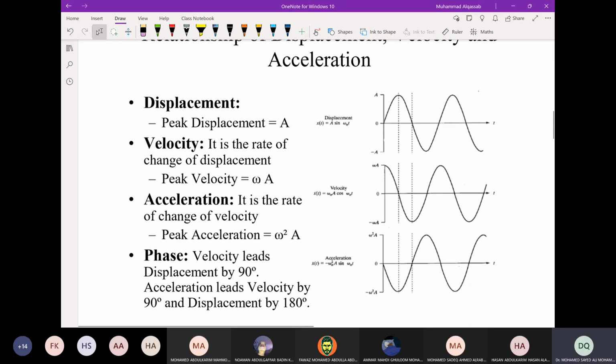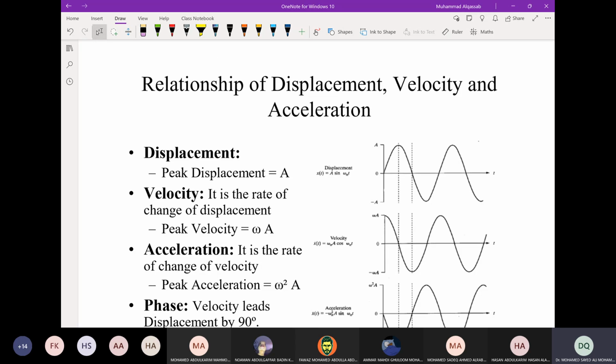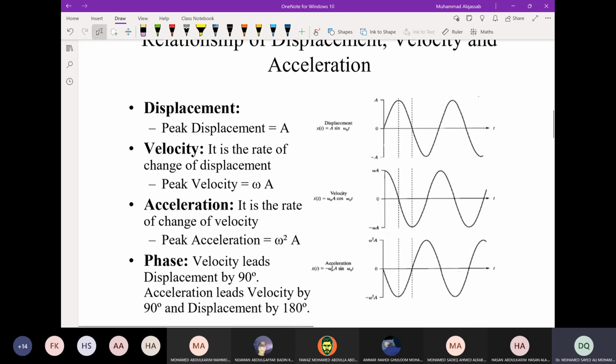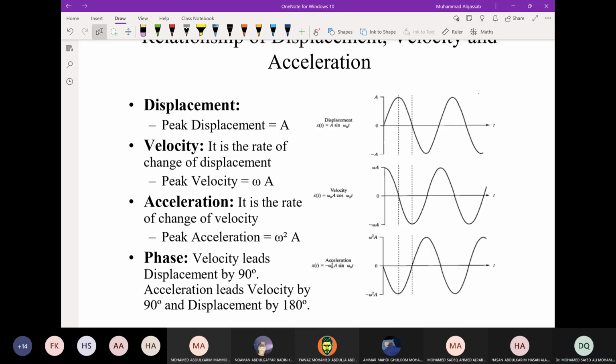Okay, so already I talked about the relationship. This is the relationship of displacement, velocity, and acceleration. So this is just to focus on some other things like the peak value. Okay, the peak value for x is A, which is equal to the crank length of the Scotch mechanism, measured from equilibrium. So the peak is the maximum measured from the zero line or the equilibrium line.